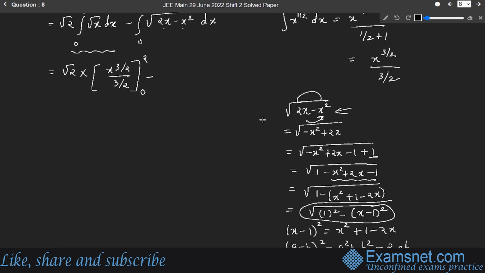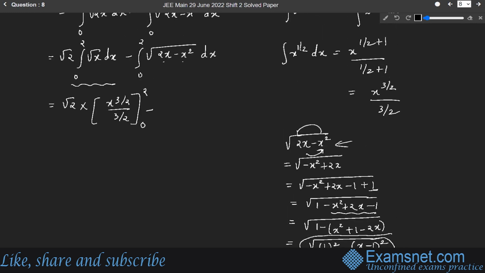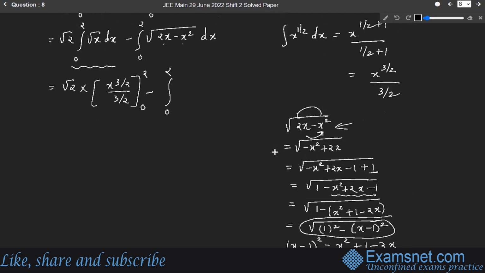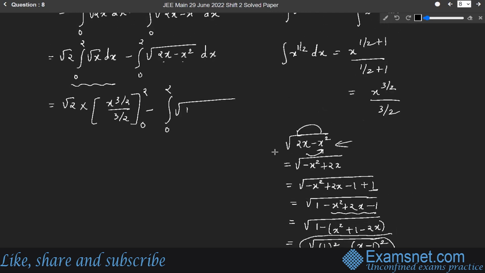So let us substitute this value. It will be the integral of 0 to 2. What is root 2x minus x square? It is equal to under root of 1 square minus x minus 1 square, so under root of 1 square minus x minus 1 square dx. This is in the form of under root of a square minus x square.